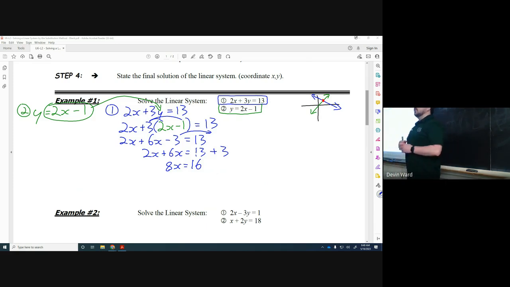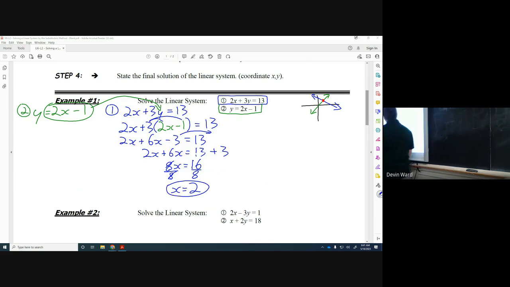Now how do I solve for x? Perfect. We divide both sides by 8. That cancels out that 8, and we're left with 16 divided by 8 on this side, which is 2.